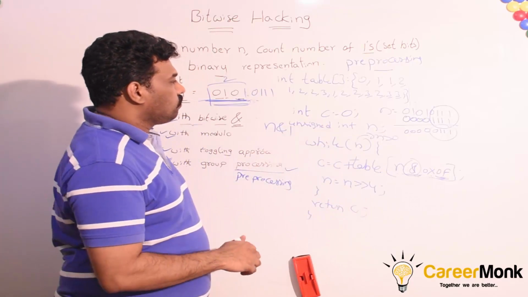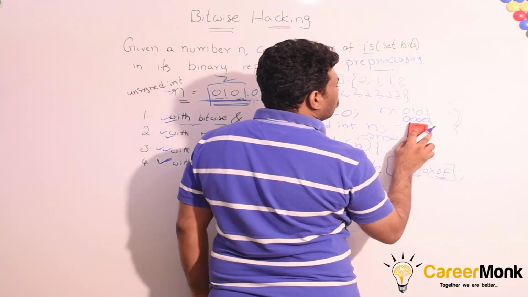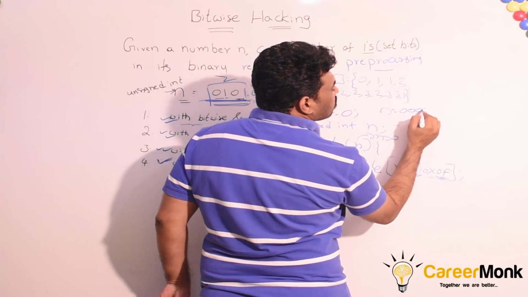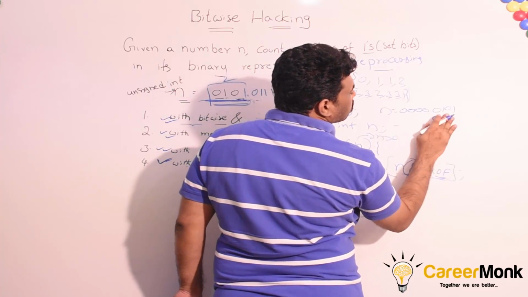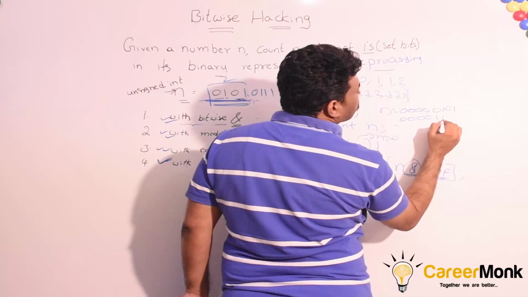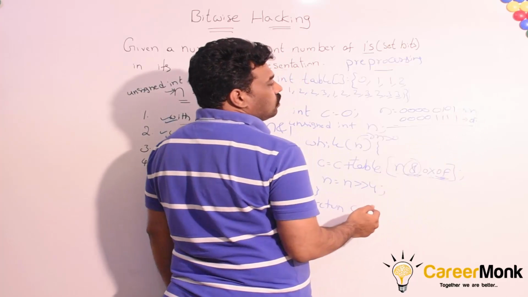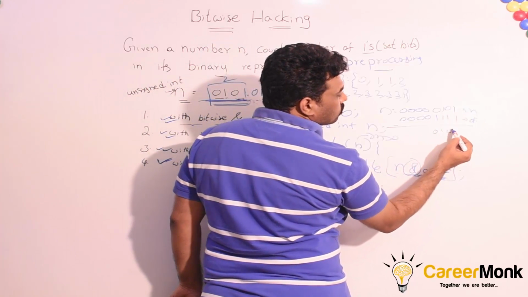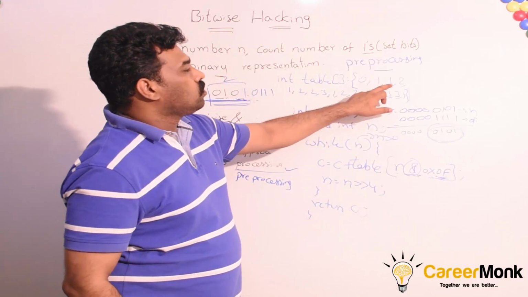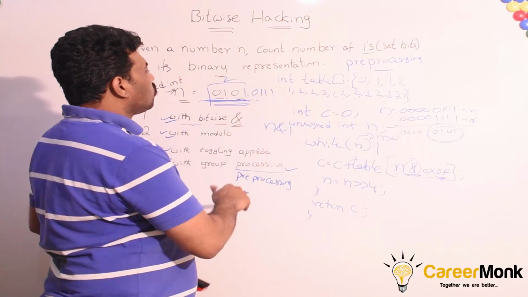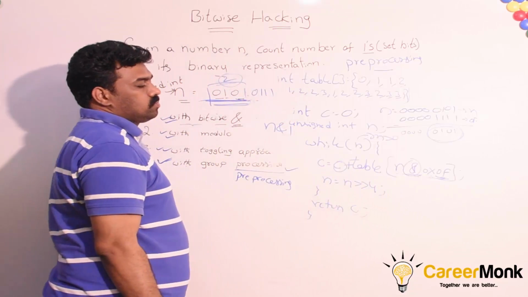In the next iteration, these 4 bits go away and we add 4 zeros to the left, the most significant bits, followed by 0, 1, 0, 1. Again, we perform the AND with 0x0f. What is the output here? We directly go to entry 5 of the table: 0, 1, 2, 3, 4, 5. So we get 2 here. From the table we add that value to the count.